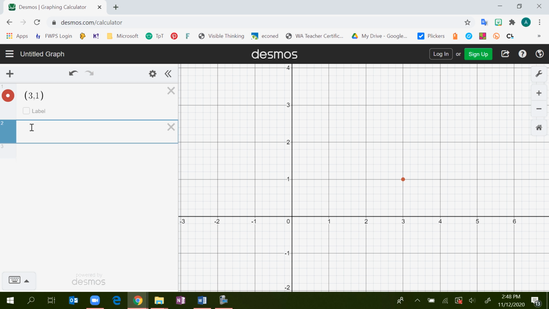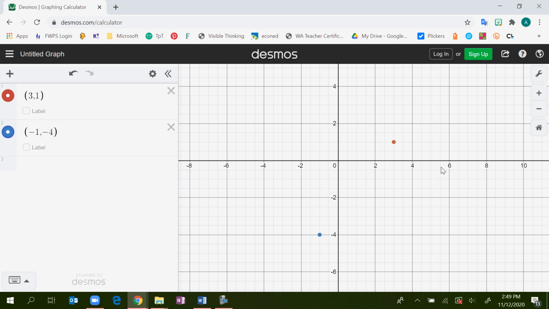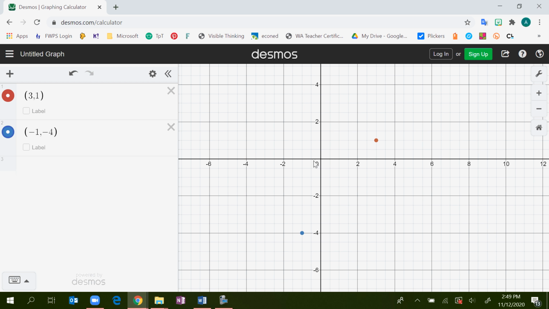If we had some negative points here, let's say -1, -4. I need to zoom out here and move my view. So here we have -1, -4.